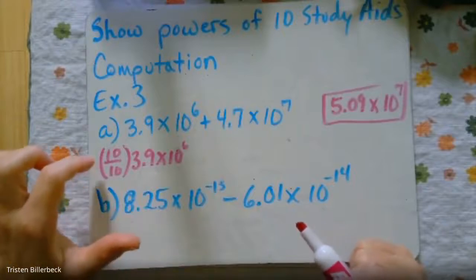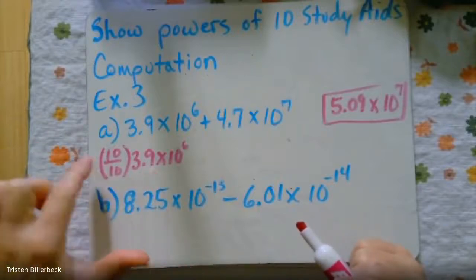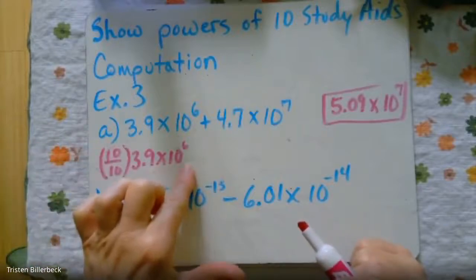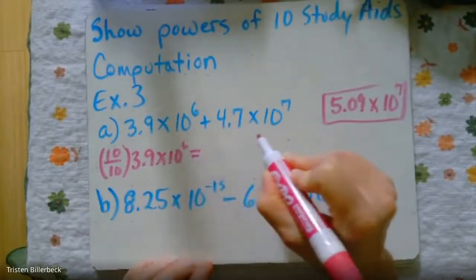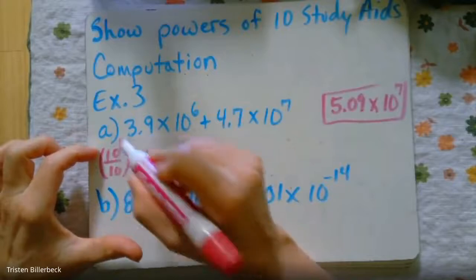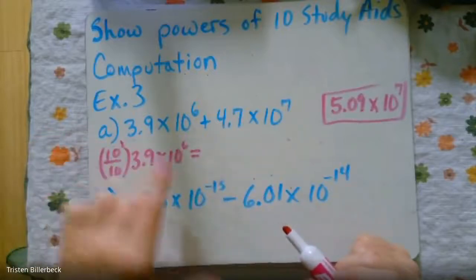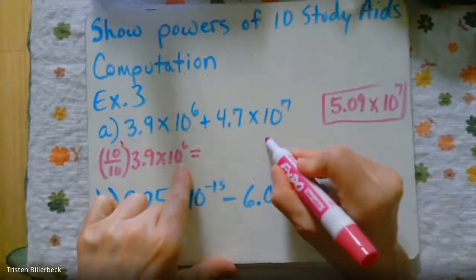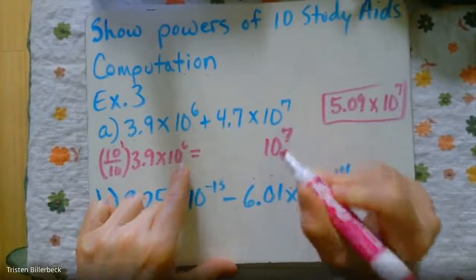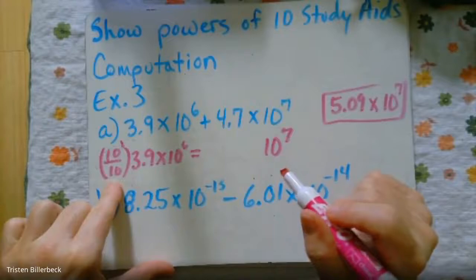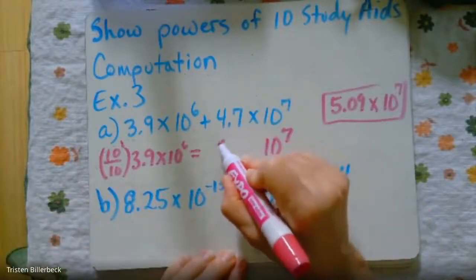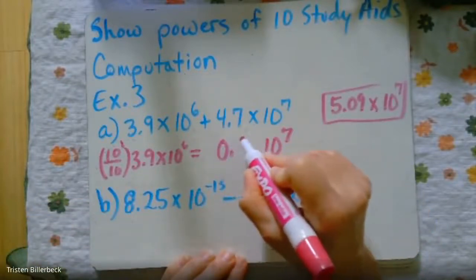All right, so if I add that 10 to this, that's a 10 to the 1st plus 10 to the 6th, so I end up getting a 10 to the 7th. But then I'm dividing this one by 10, which moves the decimal place over one spot.